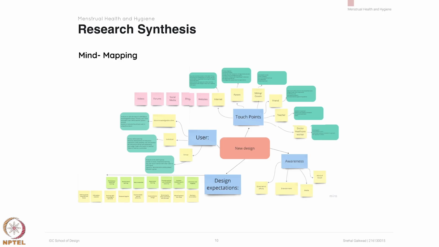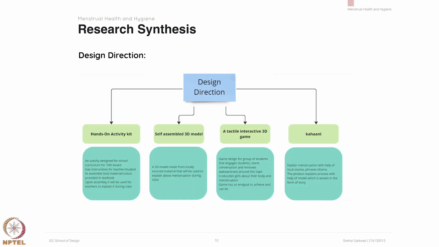Then I did a mind mapping of who the user is, what the design expectations are, the touch points, and what awareness techniques we should use. Then, from all the research, primary and secondary, my design direction was to design either a hands-on activity kit which is interactive, so that if a more knowledgeable person is explaining to them, the user still must feel they are interacting with the person who is explaining, and it should not be a one-way conversation.